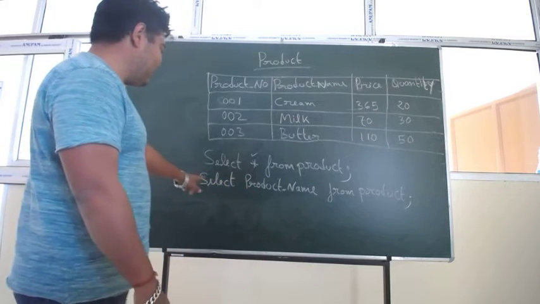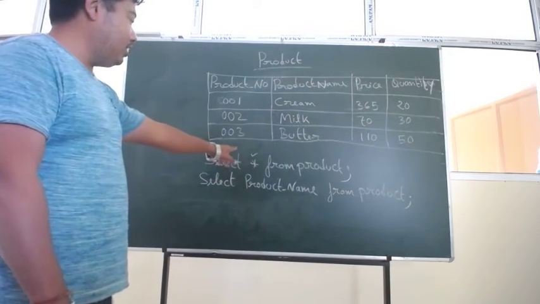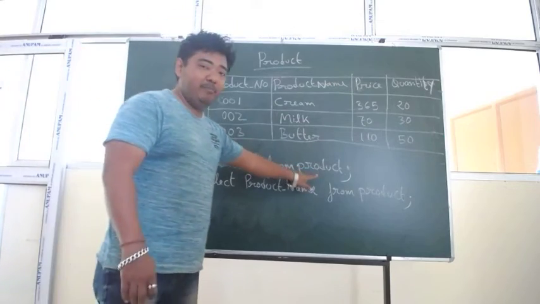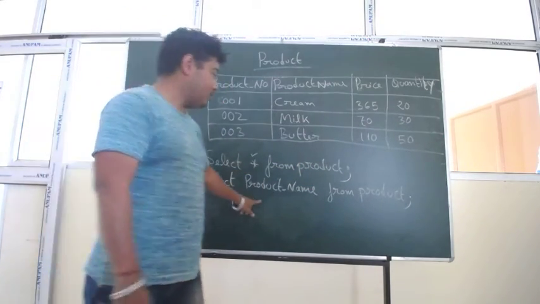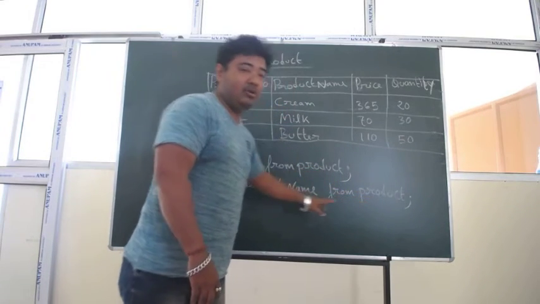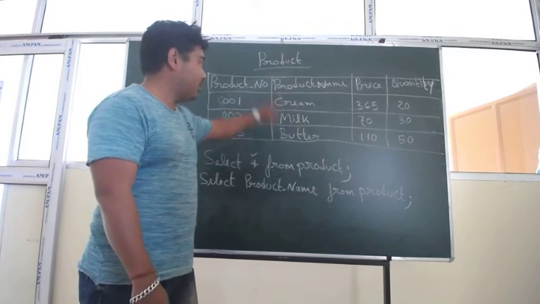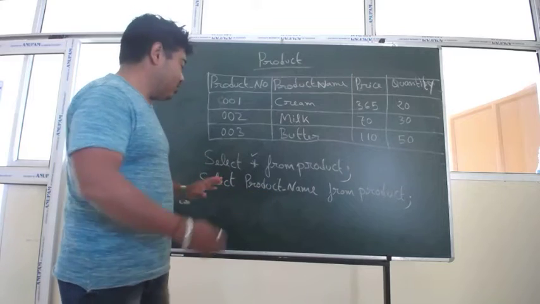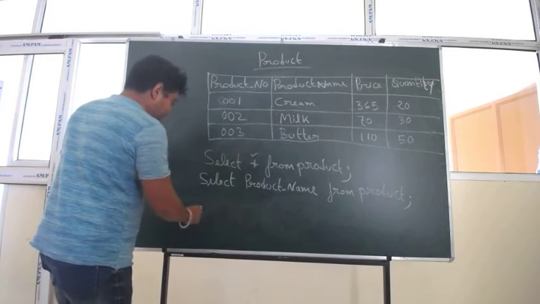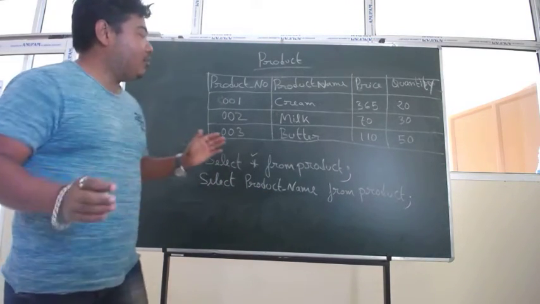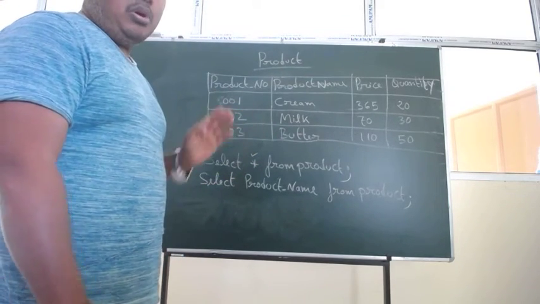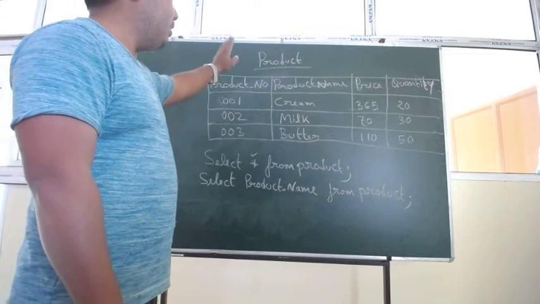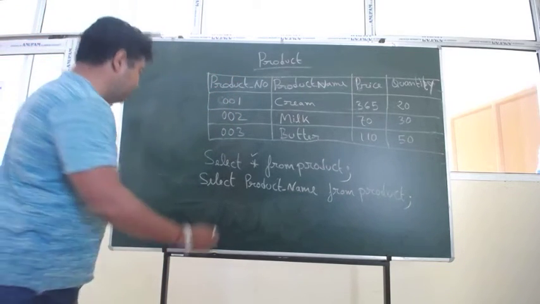Here you can see the first one will show you all the records of the table product. In the second one, select product name from product, that means it will show only a particular column's data. Suppose along with this, now I want to see product name and quantity from the table product. So how will you write?